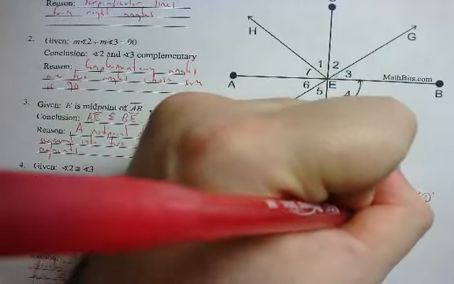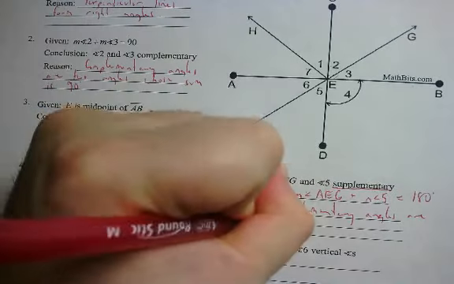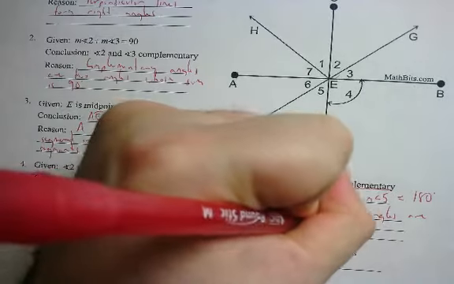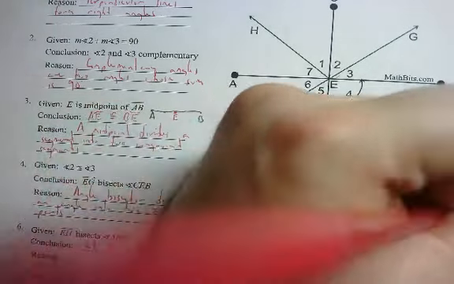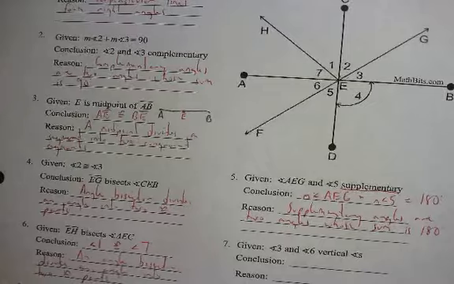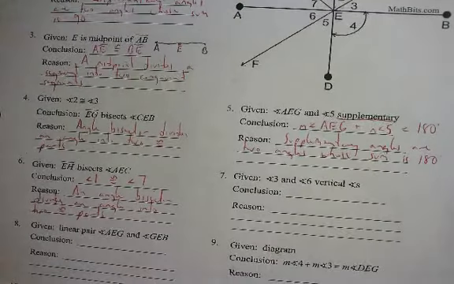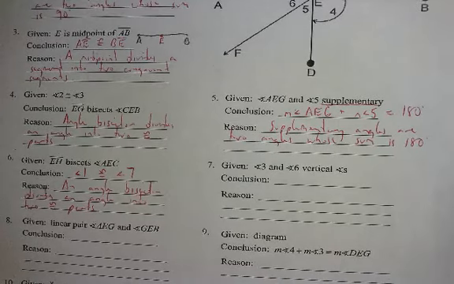Supplementary angles are 2 angles whose sum is 180 degrees.